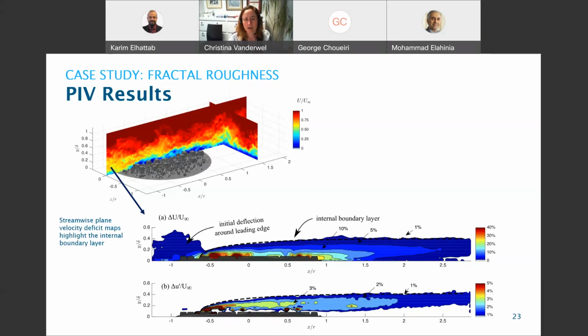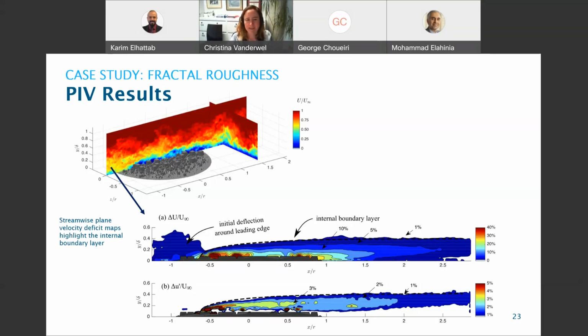So this plot B is the RMS of the velocity fluctuations above the city patch. And we can see that the city kicks up extra turbulence into the flow. And the edge of this turbulence map matches the internal boundary layer that we get from the velocity deficit.